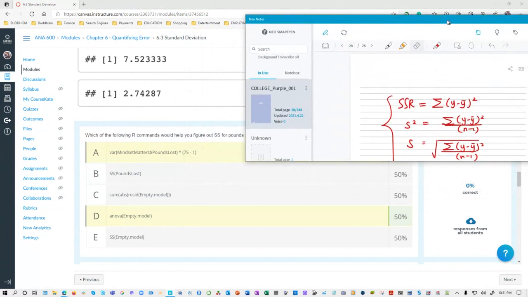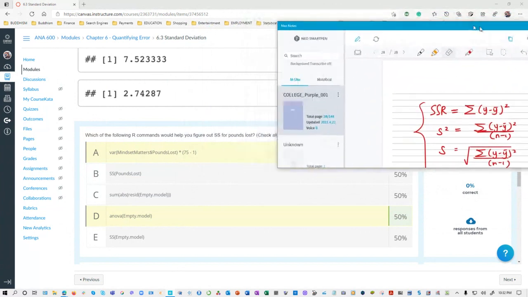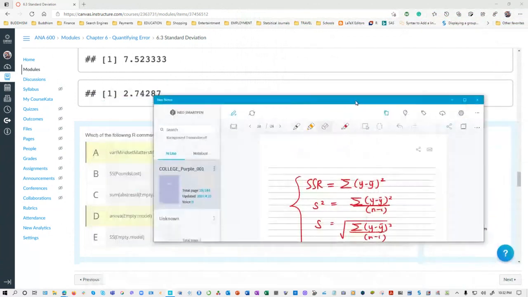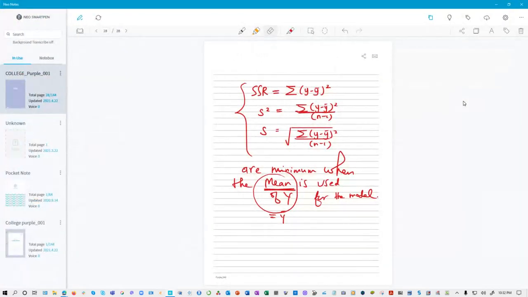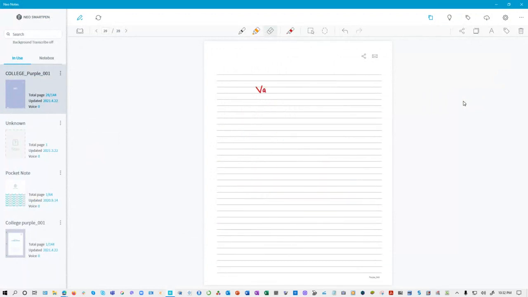If you know the variance, var equals SSR divided by degrees of freedom, or SSR divided by n minus 1. So if you need the SSR, I'm going to bring this one and multiply by that one. The other way: var times n minus 1. That's the same thing, another way to look at it.